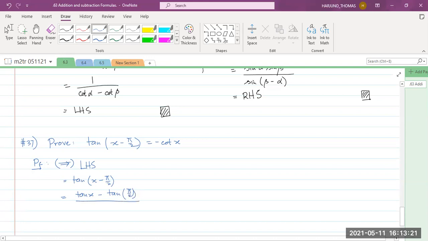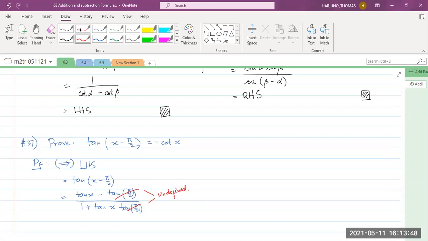Oh, I don't think that's doable because tangent pi over 2 is undefined, right? That's not a good idea. Why is tangent pi over 2 undefined? So we will get stuck there. Okay, let's do another way.